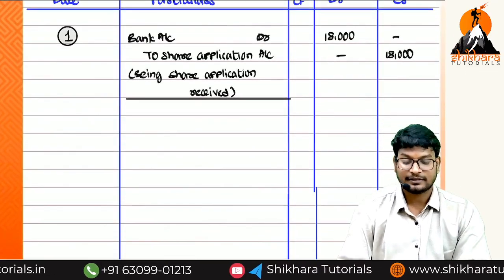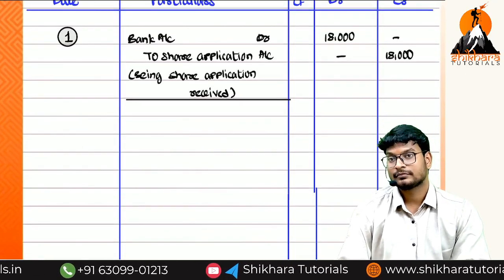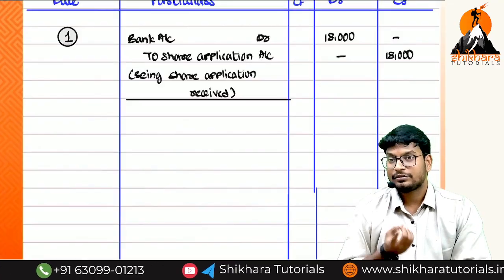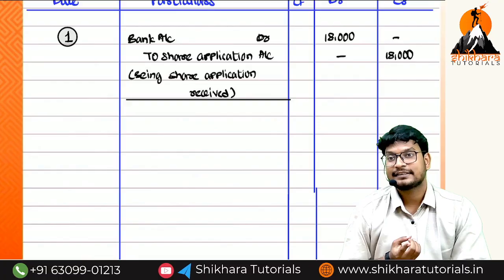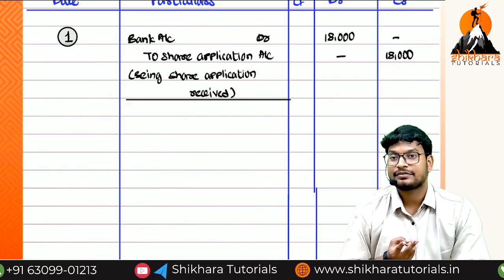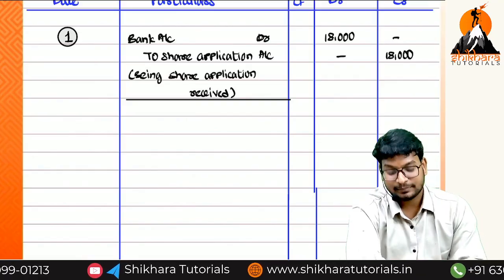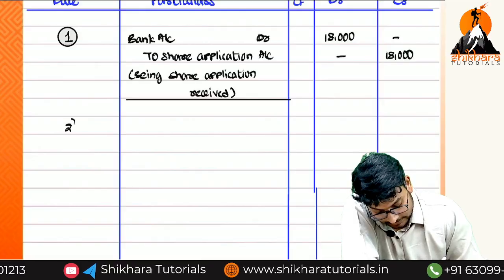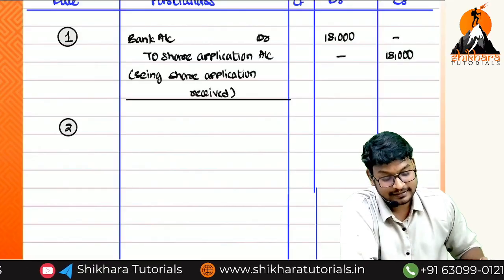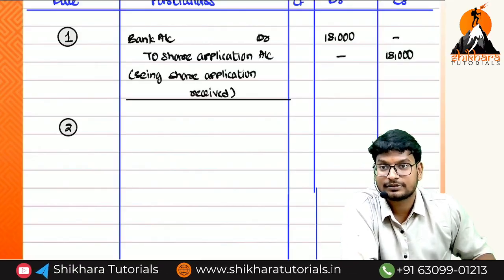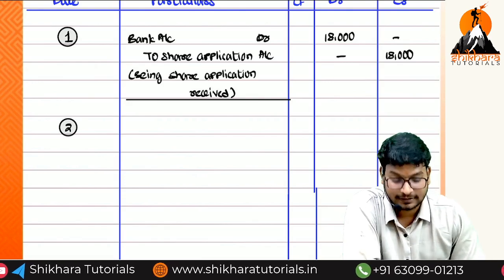What is the second one? We should transfer to the share capital, and we have to reject certain applications, and we have to transfer certain amount to the allotment. So at a time we can write, is there any problem with you? Okay. First, share application account we have to reduce. So now we have to do debit or credit? Debit. Super.